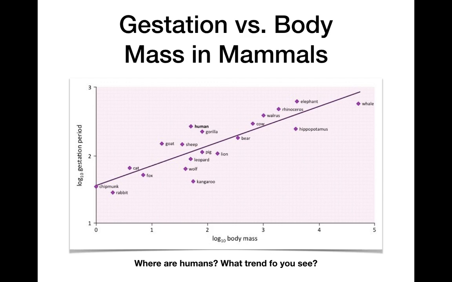So what you should see here is that as gestation length increases, so too does body mass at birth, in general. Humans are over here. We're a bit of an outlier. We have a longer gestation period compared to our body mass, and a big part of that is that we're developing our brain, not just the physical body.